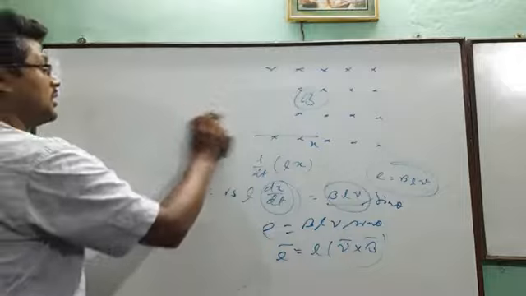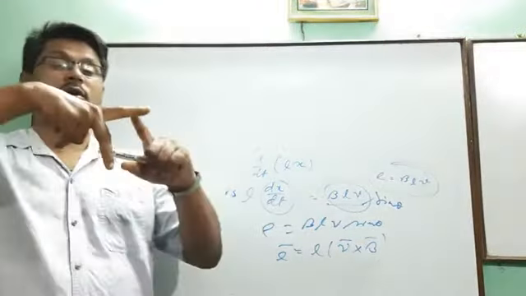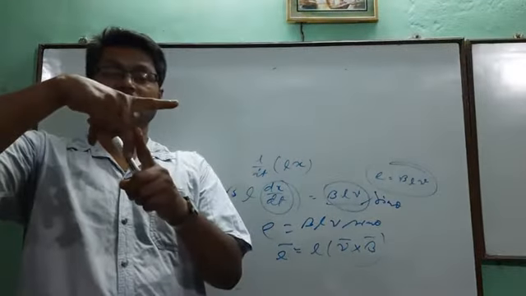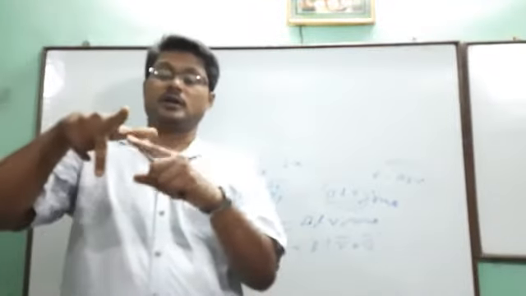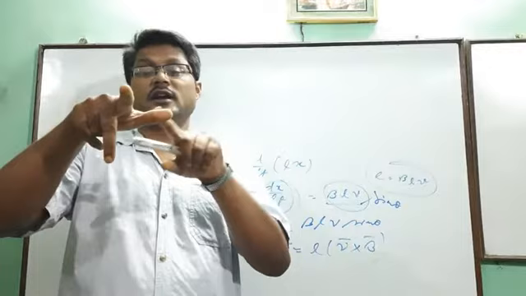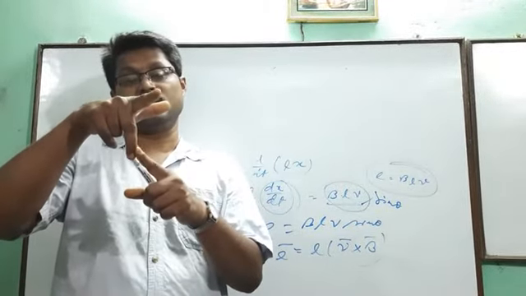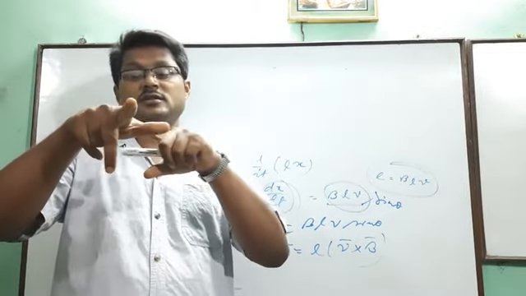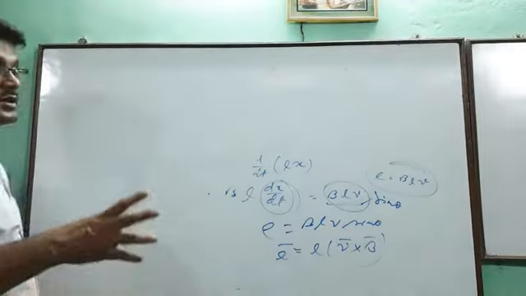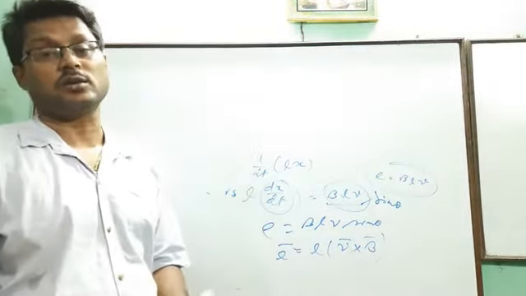Fleming said that if we stretch our first three fingers of the right hand mutually perpendicular to each other, and the forefinger indicates the magnetic field and this indicates the direction of motion, then this will be the induced EMF. So this is the magnetic field, this is the direction of motion, this is the induced EMF. This is the law through which we can understand the direction of the induced EMF.